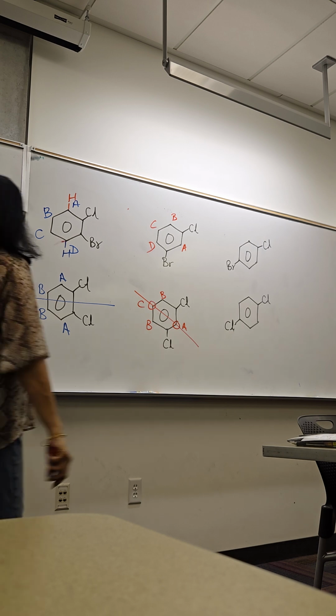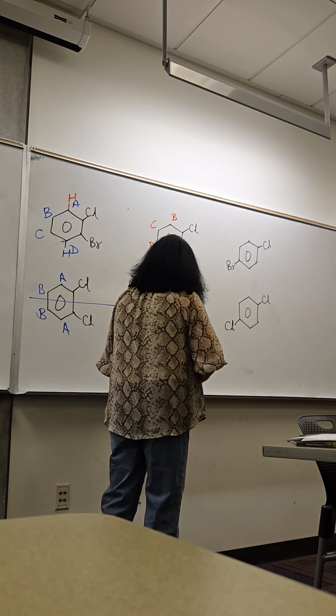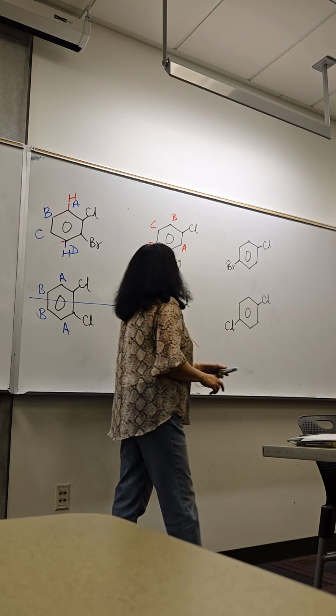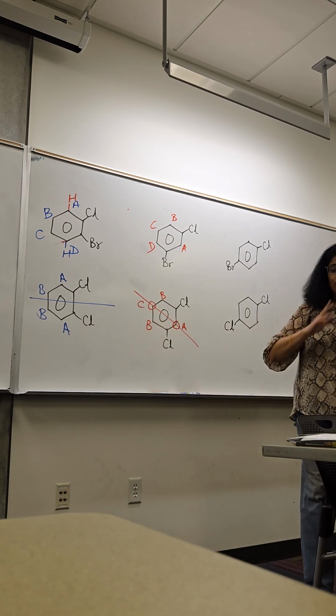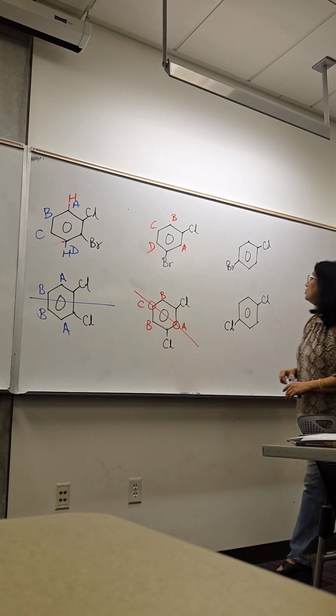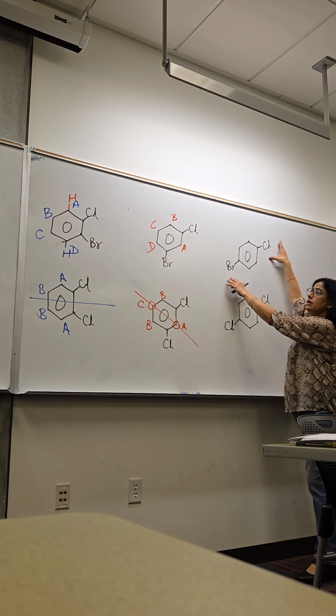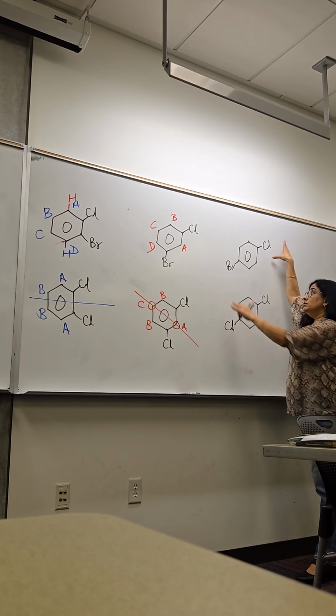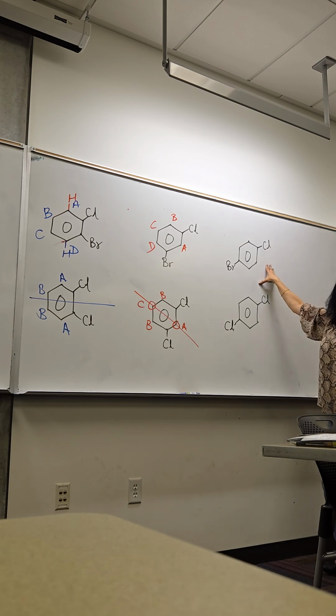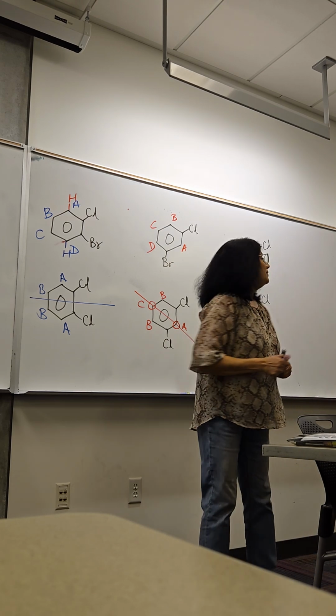How many for the next one? I said two. There's a plane of symmetry there. Chlorine and bromine are definitely different, no doubt, but the molecule does have a plane of symmetry.